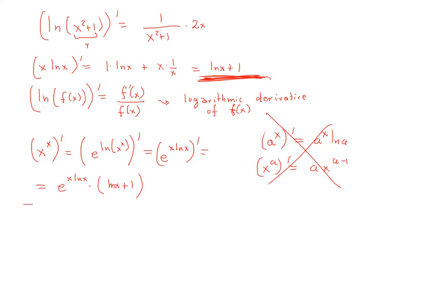So let's say that for some reason, somebody wants to find the derivative of sine x all raised to the cosine x. Okay, so let's say I want to find the derivative of this. And again, I'm thinking of this as e to the ln of sine x to the cosine x.